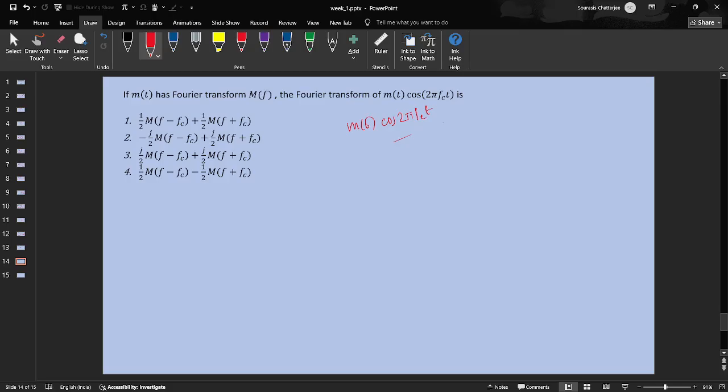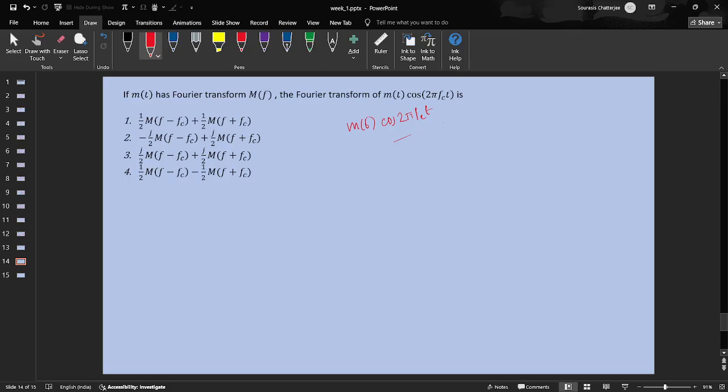I mean, if I would like to compute the Fourier transform in the traditional way, it's going to take a lot of time and it's inefficient also, right? If I plan to compute it, it's integration of m(t) cos 2 pi fct over the whole region, which is kind of too much.